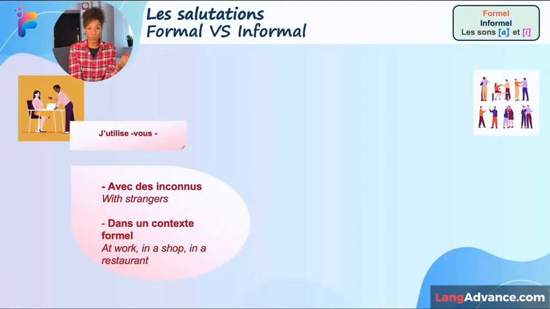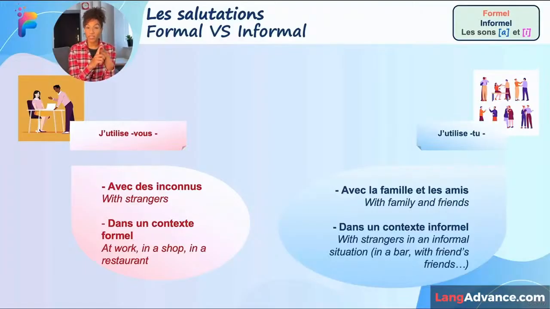When do we use tu? You will actually use it with friends and family, which are people that you are really close to. You have a connection with them. And you can also use it in what we call informal context. So let's say you've been invited to a party, some friends invited you, and there you will meet some of their friends.